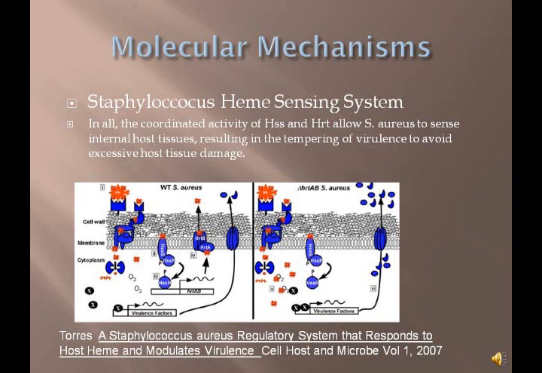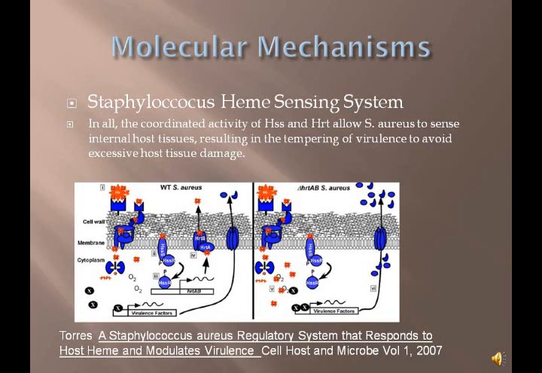So if we take out the heme regulatory system for the bacteria, it actually acts more planktonically, it acts more individually, and it will increase virulence factors and try to kill host cells. Now let's go back to the wild type on the left-hand panel.